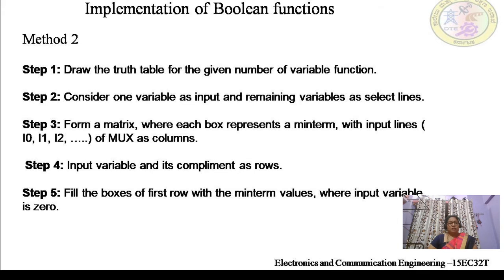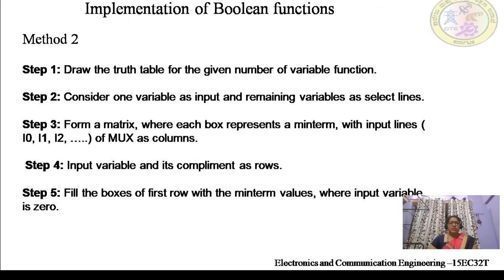Coming to the steps of this implementation of the Boolean function. So first step is we have to draw the truth table for the given number of variable function. So already you know how to write the truth table. It is same as the previous thing.